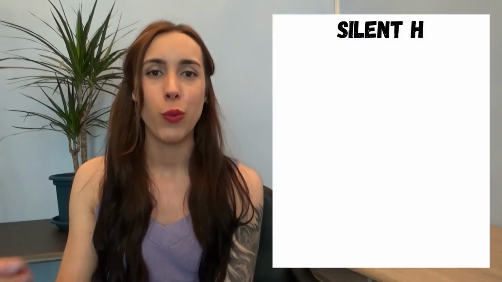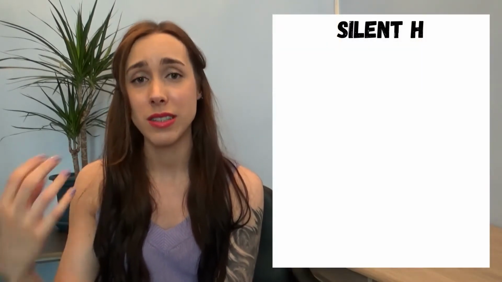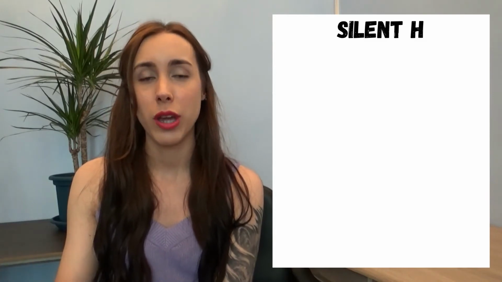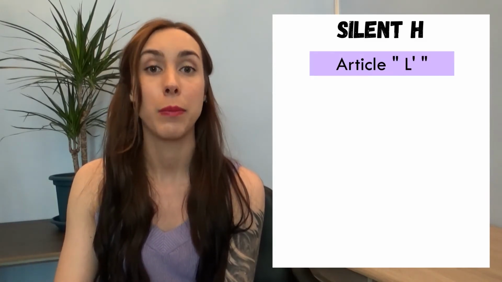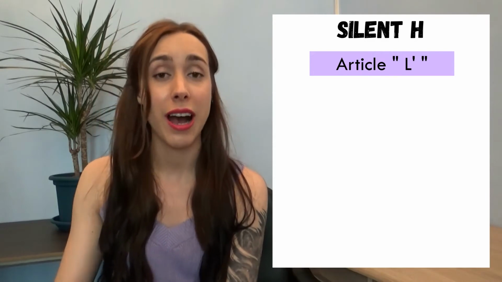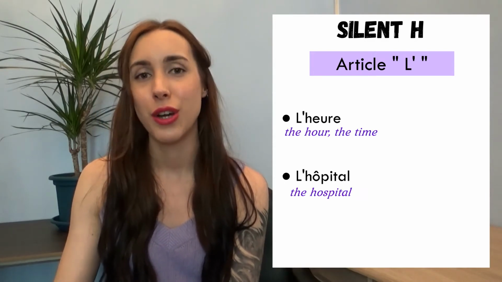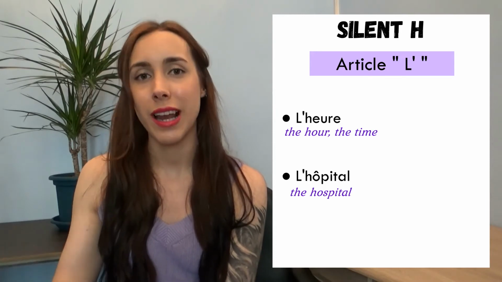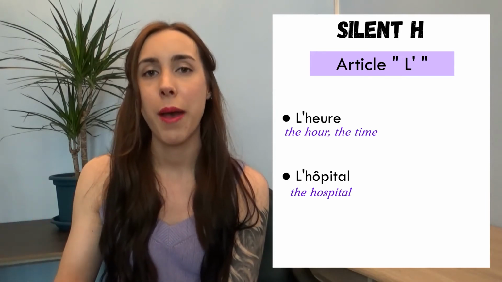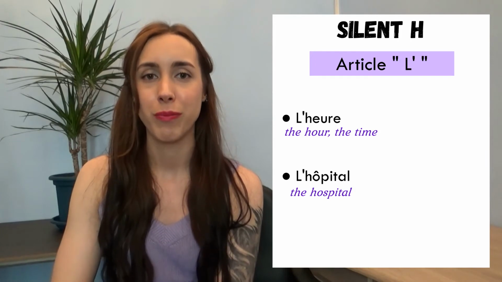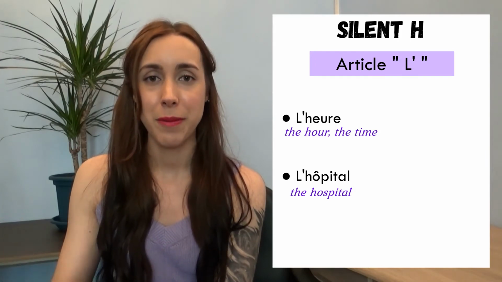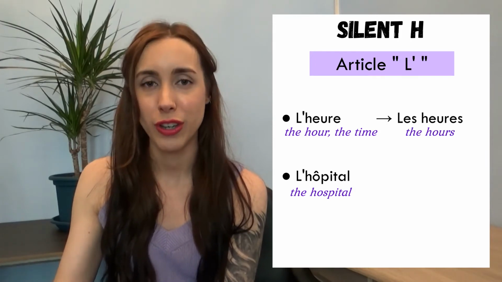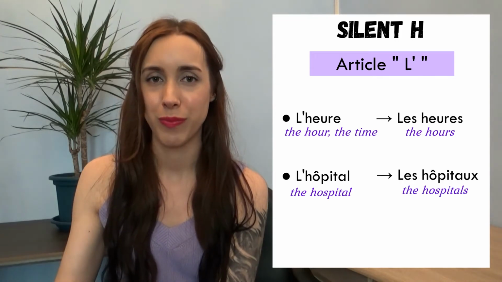As you can see on the screen, when you have a word at the singular form that starts with the article L', such as l'heure, l'hôpital, the H letter is obviously silent at the singular form, but same at the plural form. I'm going to say les heures, les hôpitaux.